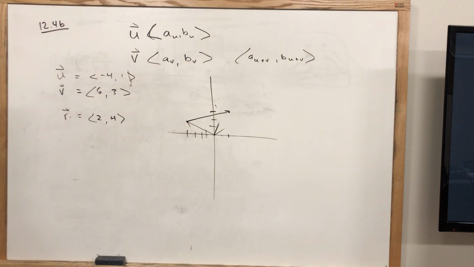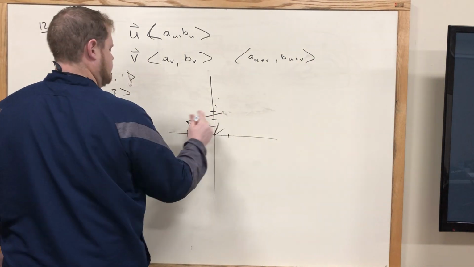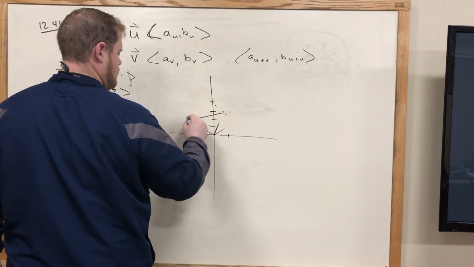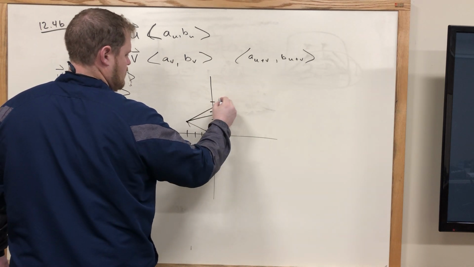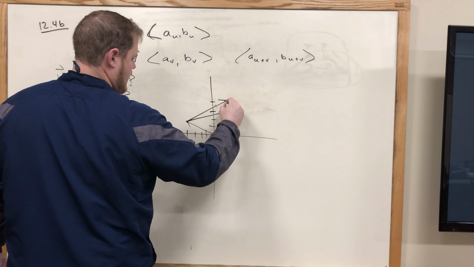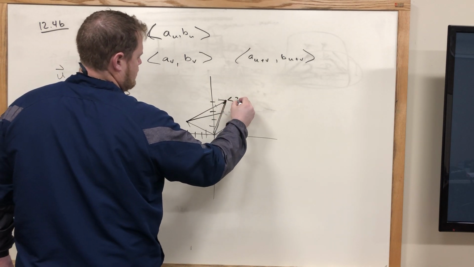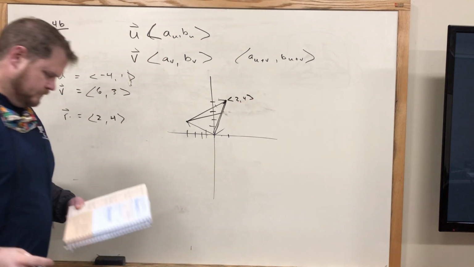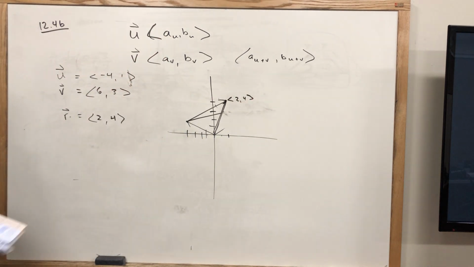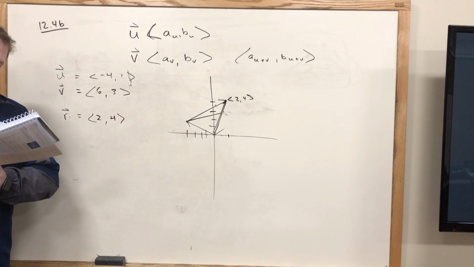I'm sorry, 6 and 3. So this is going to be vector 2, 4. When I add them together, that's all I'm doing, just adding them together. Any questions?